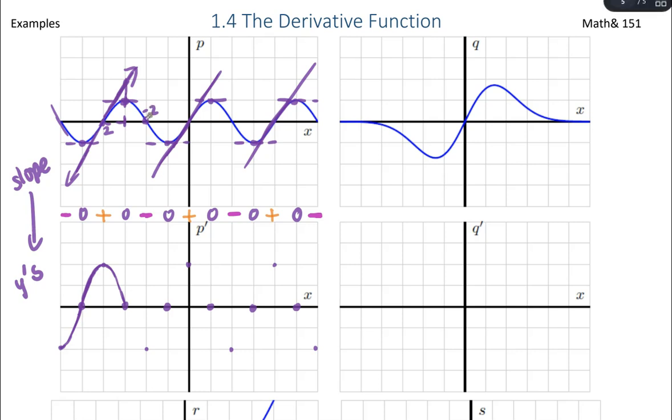The next section, I have small negative slopes. They get bigger. They come back to 0. So small negative y values, they get bigger. They come back to 0. And then we start repeating what we've been seeing. Small positive, bigger, 0.